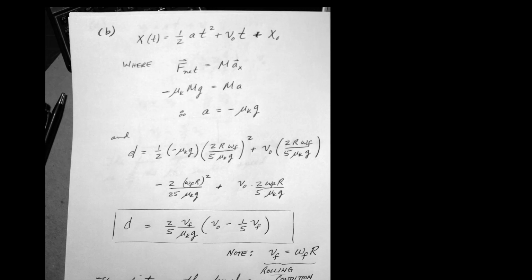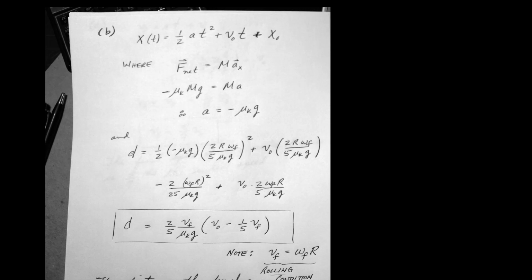To find the distance traveled before this bowling ball starts rolling without slipping, just start with the kinematics equation. There's a constant acceleration of the center of mass, so the position of the center of mass as a function of time is given by 1/2 acceleration times time squared, plus the initial velocity times the time, plus the initial position, which we're going to set equal to 0.